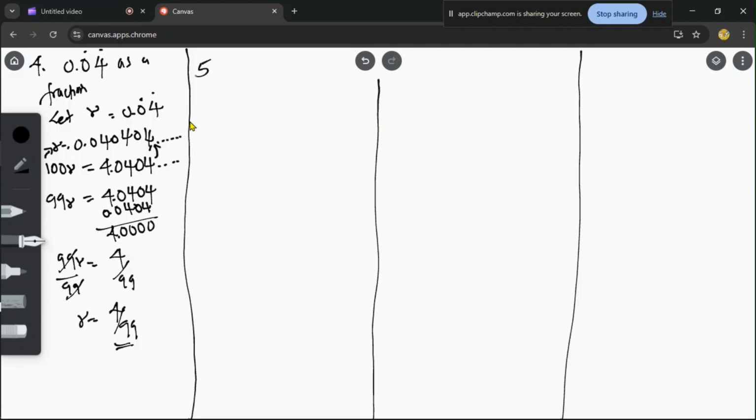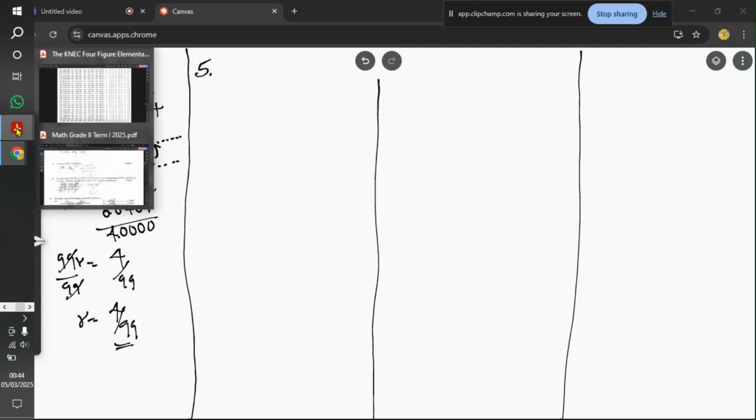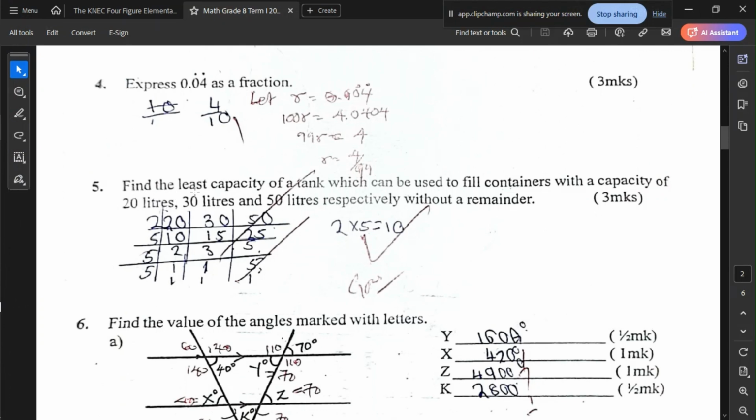Let's go to number 5. The question reads: find the least capacity of tank which can be used to fill containers with capacity of 20 liters, 30 liters, and 50 liters respectively without a remainder.